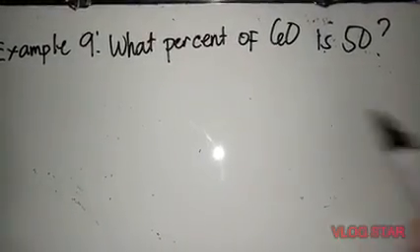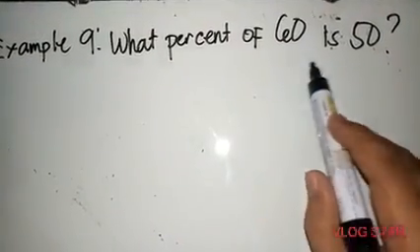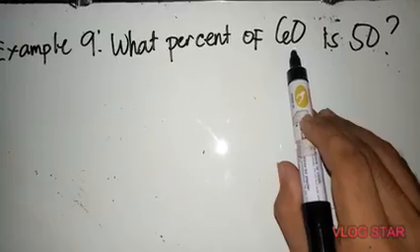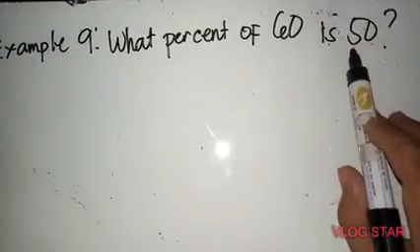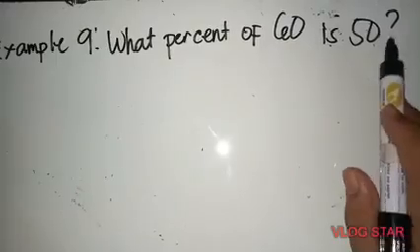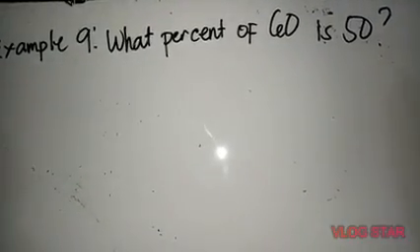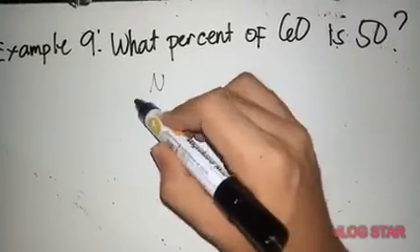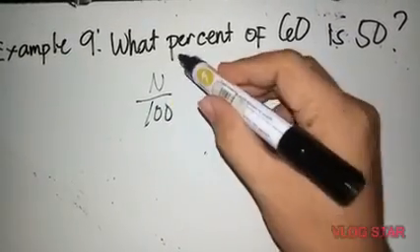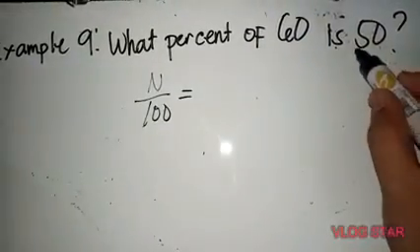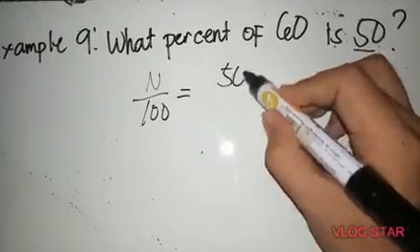The next question is, what part of 60 is 50? So it means that our base is 60 and the rate is 50. So we'll find the percent. So in writing this one, n is equal to 100. This is for the percent. Then 50.